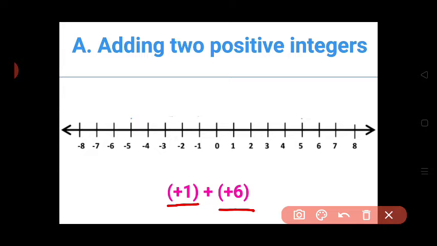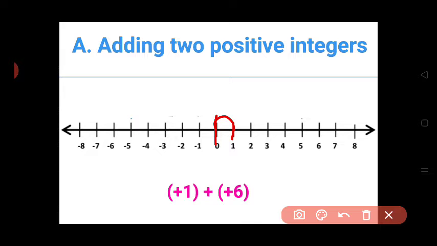How do we represent this number on the number line? First start from 0. The first one given is +1. As I said, if positive is given, that means you have to move one unit towards the positive direction, that is 1.